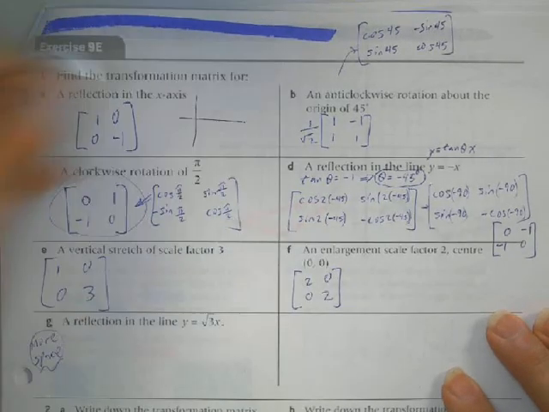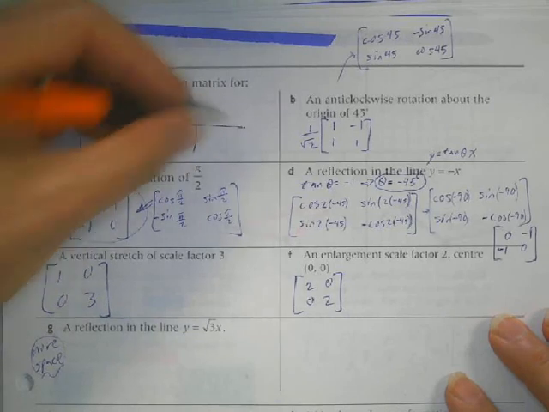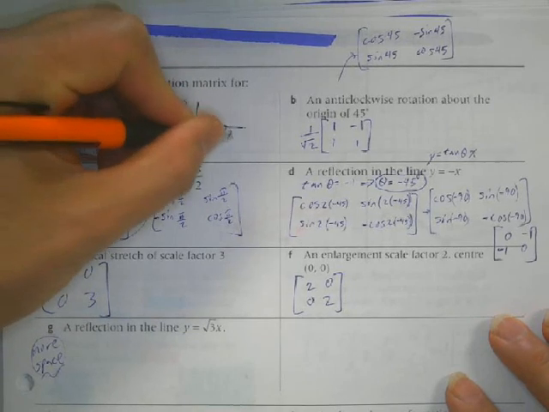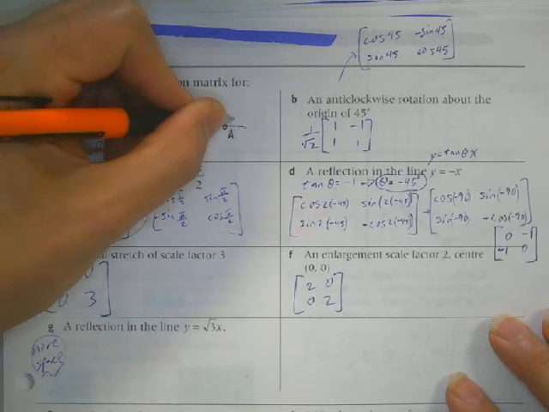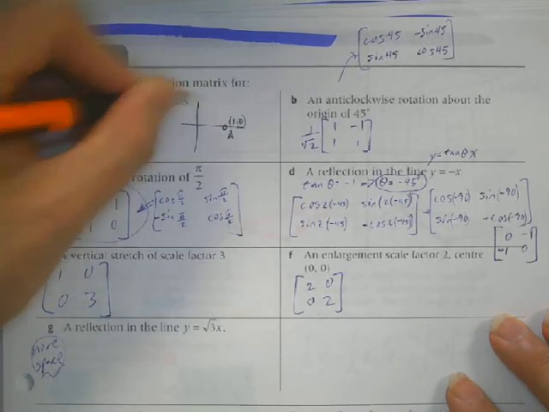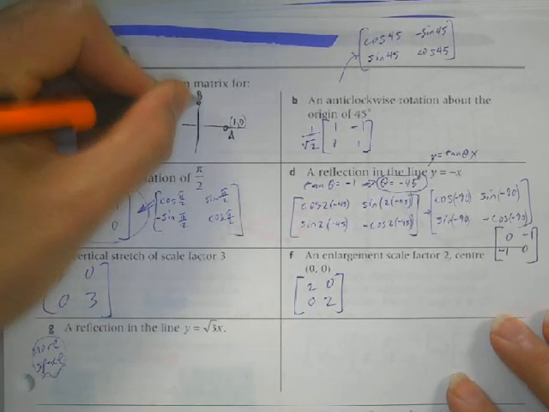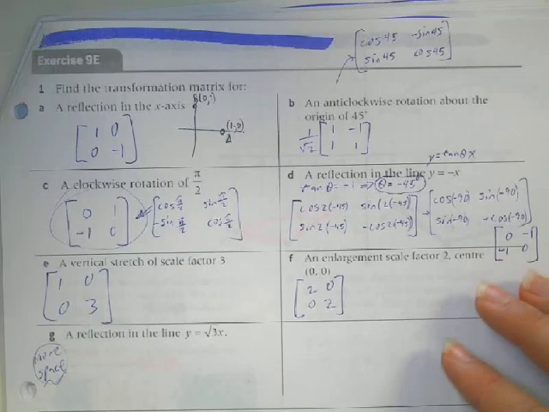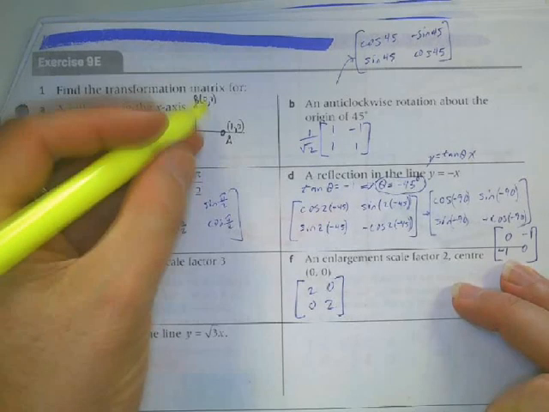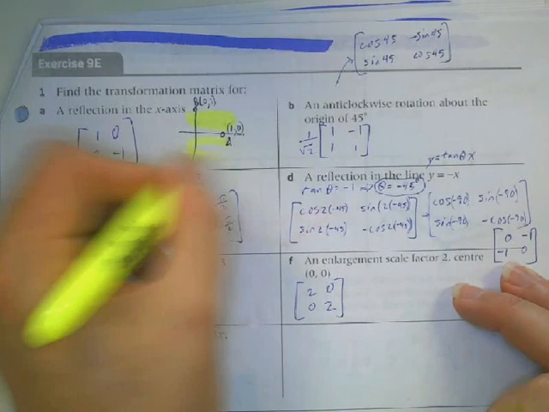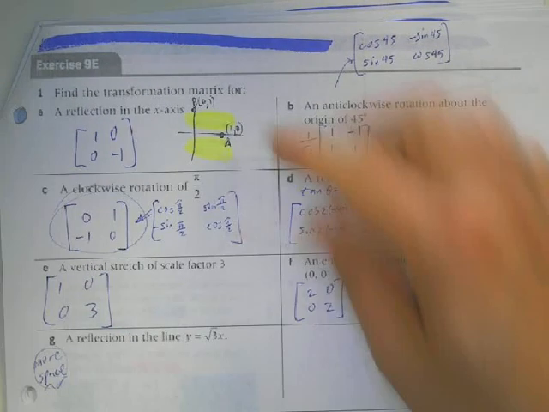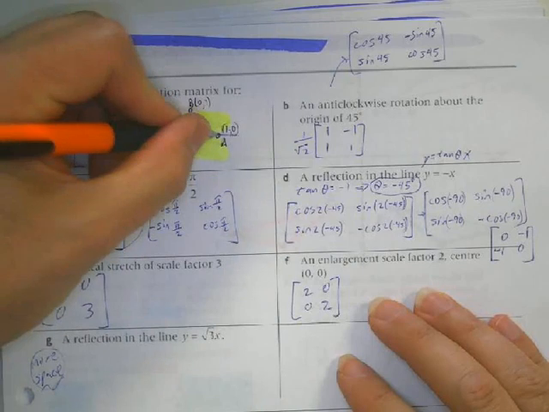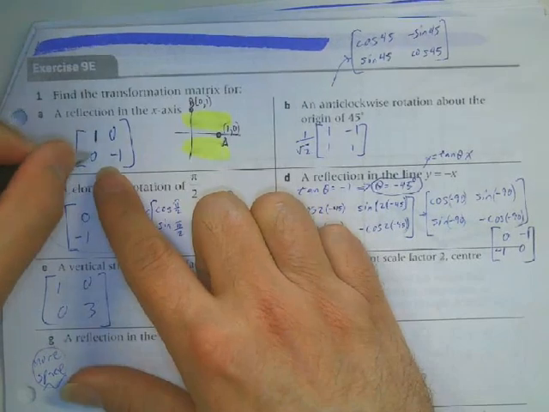if I'm reflecting on the x-axis, let's call this A, which is 1, 0, and let's call this B, which is 0, 1. And so if I'm reflecting from here to here, this doesn't change, so my transformation, this stays the same.